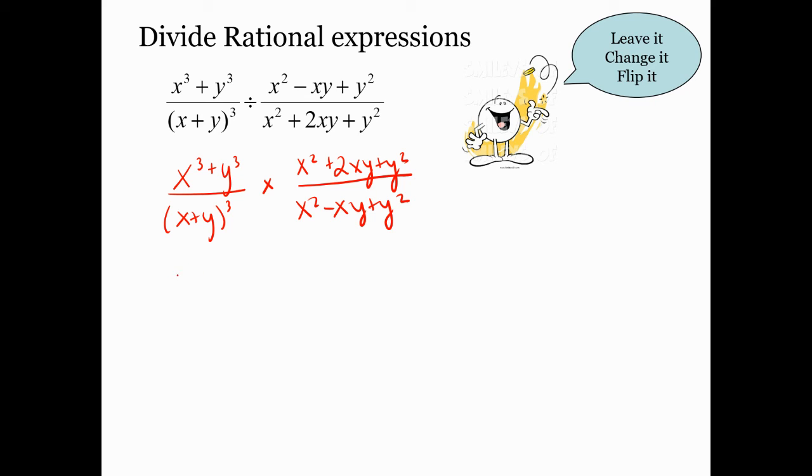So that's sum of cubes. It's going to be (x plus y) times (x squared minus xy plus y squared). I messed up, there's no 2.